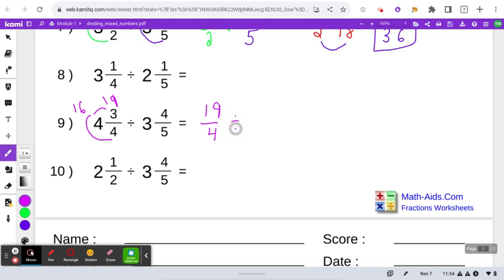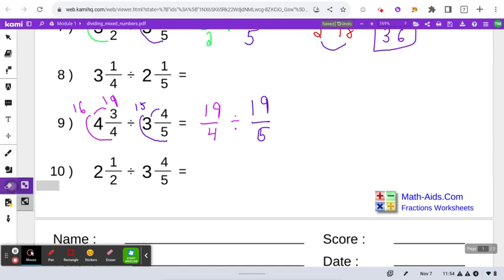Keep the division sign. 5 times 3 is 15. 15 plus 4 is 19. So you'd put the 5 on the bottom here.